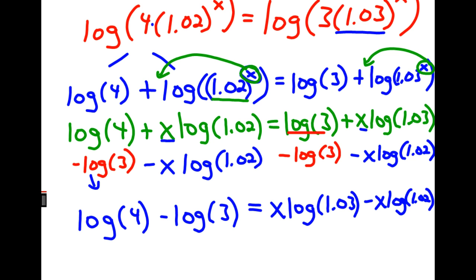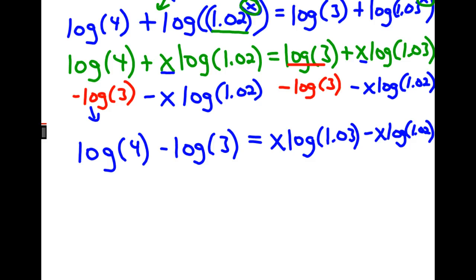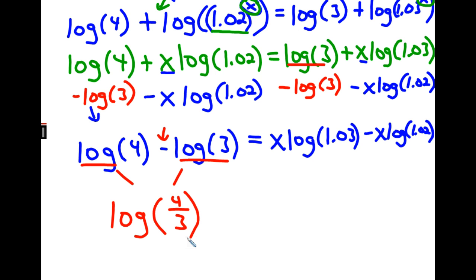Now what we can do to simplify things, I don't know if it's really going to simplify it all that much, we could combine these logarithms together into a single logarithm since we're subtracting. So I can write that as log base 10. And what do I do with the 4 and the 3? If I'm going to write them in a single log, I will divide them, right? So it'll be log base 10 of 4/3. So it's a fraction in there, but at least it's just one logarithm.